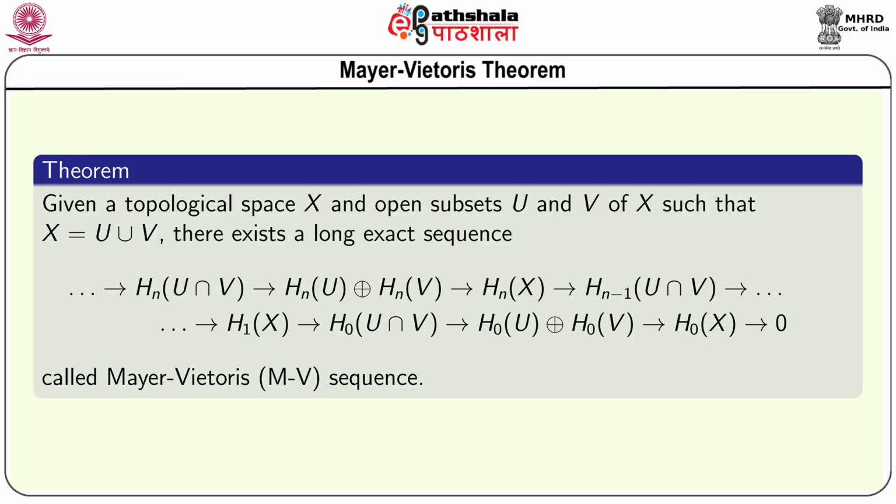That is, if X is a topological space, U, V are open subsets of X with X equal to U union V, then we get a long exact sequence H_n(U ∩ V) to the direct sum H_n(U) ⊕ H_n(V) to H_n(X), etc., up to the 0 level, H_0(U ∩ V) to H_0(U) ⊕ H_0(V) to H_0(X) to 0.